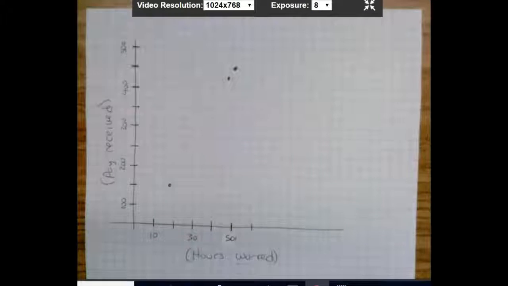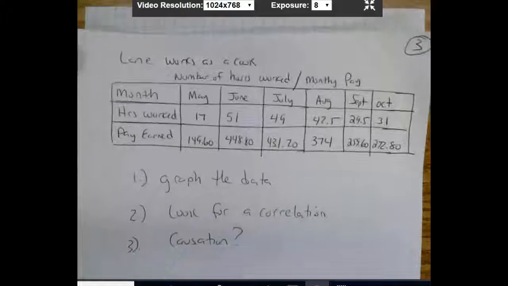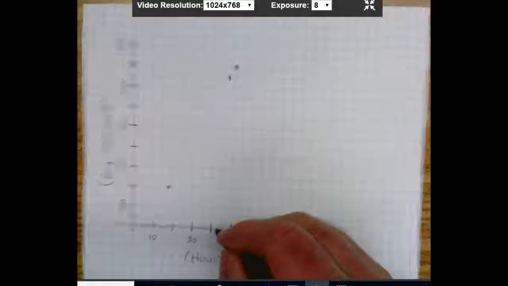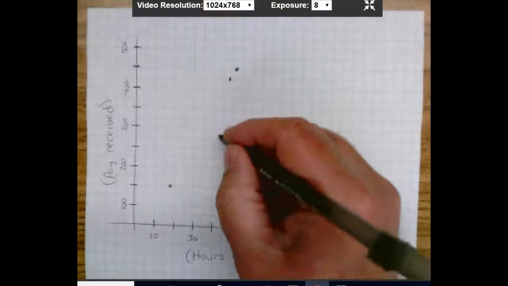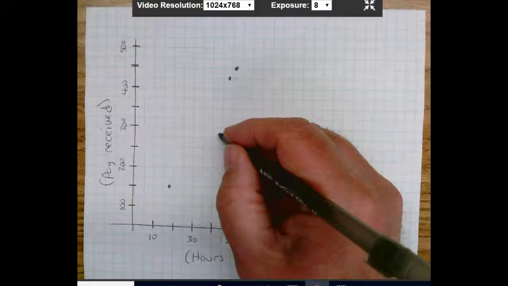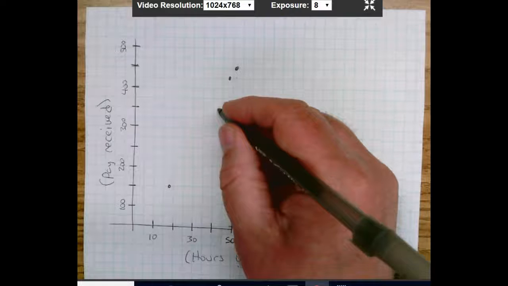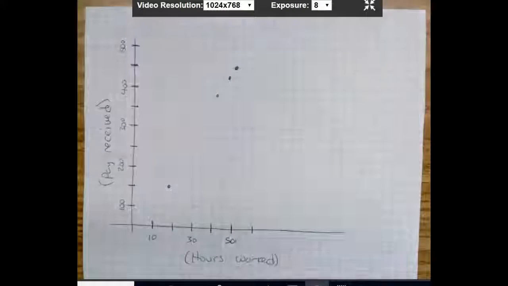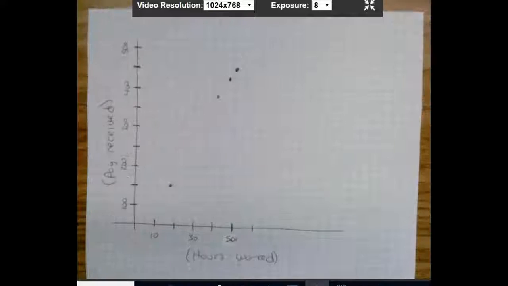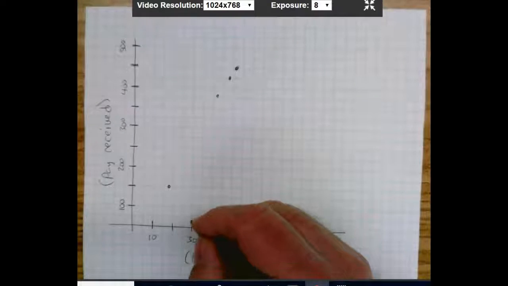And then August, we have about 43 hours and about 375. So there's 40, about 43. We're looking for 375. There's 350. Probably about there. And then we have September, about 30 hours and about 260. 30 hours.